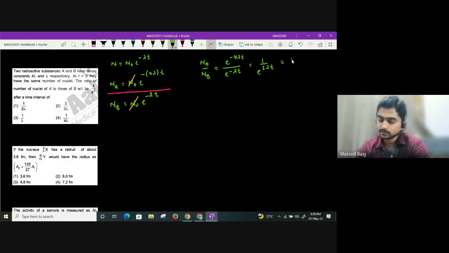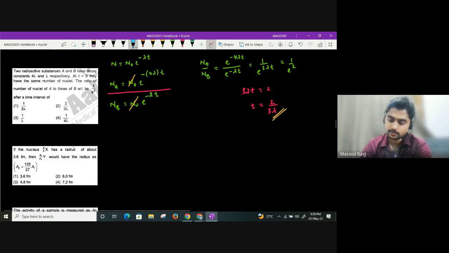It is given as 1 by e square. So as you can see, the rest are all the same only, so you can just directly equate their powers. 3 lambda t will be equal to 2. T value will be 2 divided by 3 lambda, guys. Clear, everyone? After this much time, the ratio of number of nuclei of A to nuclei of B will be 1 by e square. Understood, all of you?